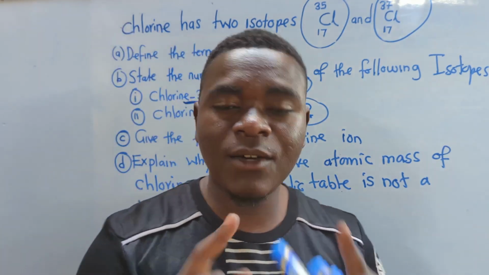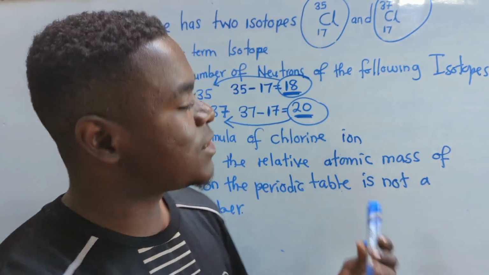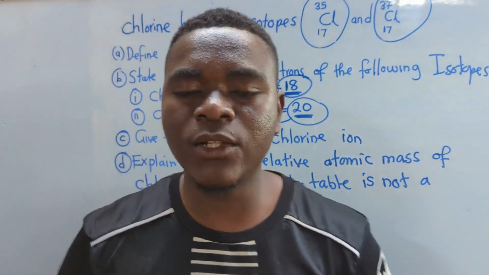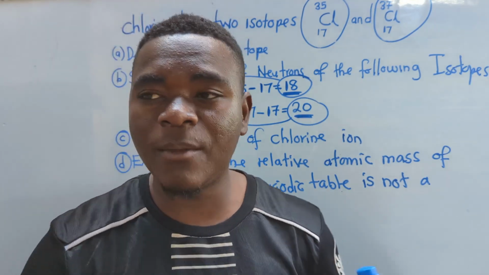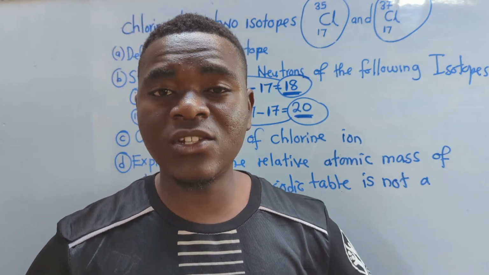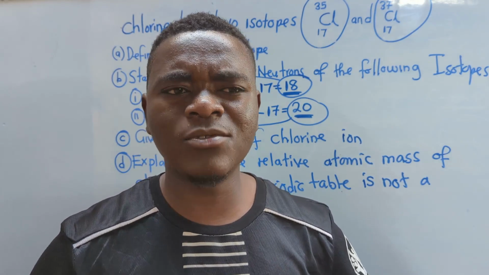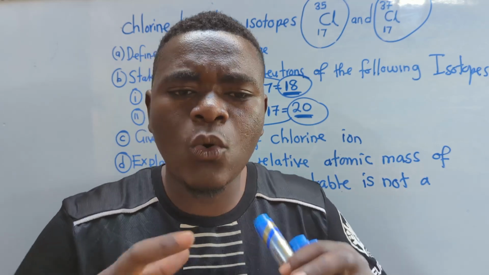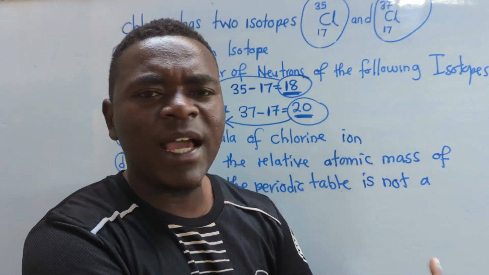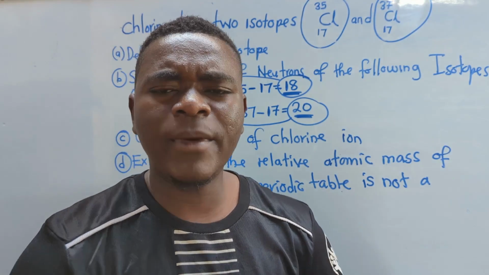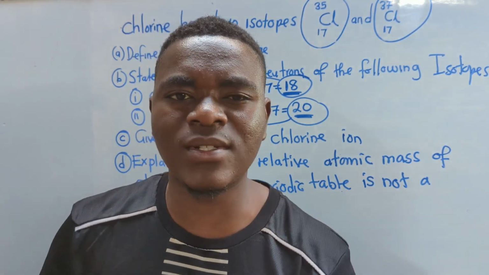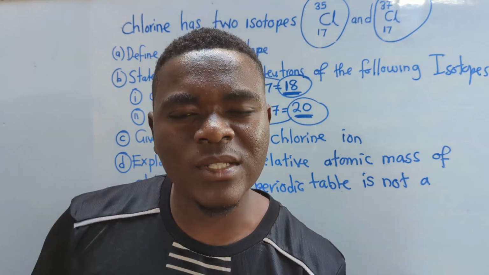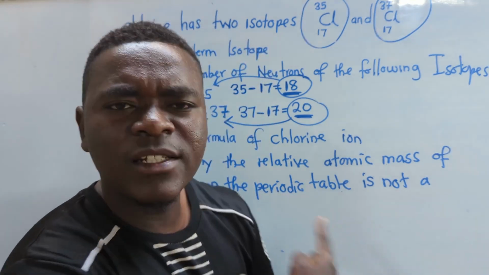And don't forget the way chemistry is. These questions came, but you don't expect the same questions to come in your exams. That is the reason why I advise my students to understand what I teach, the notes and the concept behind these questions. You may have a question where they ask you to find the number of protons and electrons.